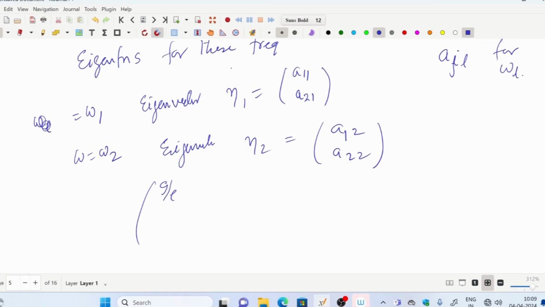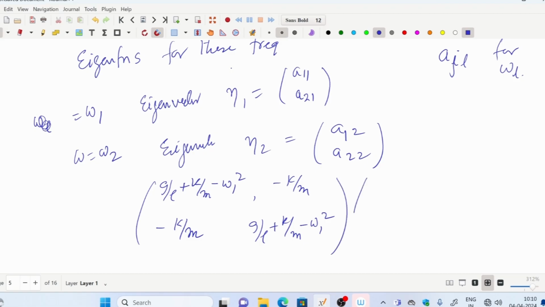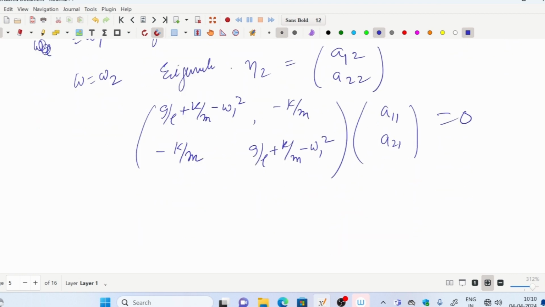For that purpose, let us recall our matrix was g by L plus k by m minus omega 1 squared, minus k by m, minus k by m, and g by L plus k by m minus omega 1 squared, acting on the eigenvector eta 1, which should be 0. And you solve this equation for omega 1.